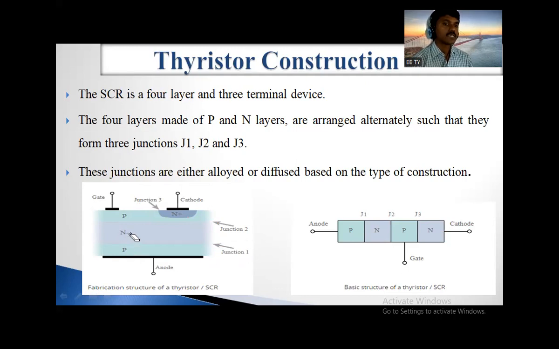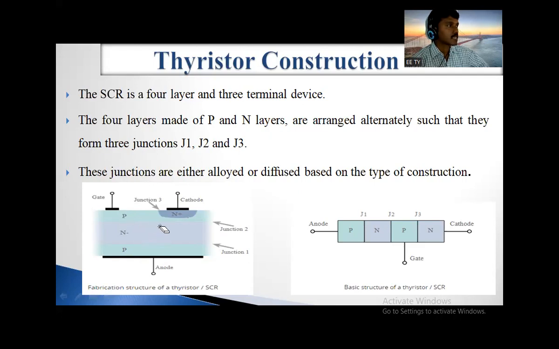So here you can see the construction. Please look here. Generally, we represent the construction of the SCR like this. This is the inner P layer, this is the outer N layer, this is the outer P layer. The terminal attached to the outer P layer is called anode, and the terminal attached to the outer N layer is called cathode.